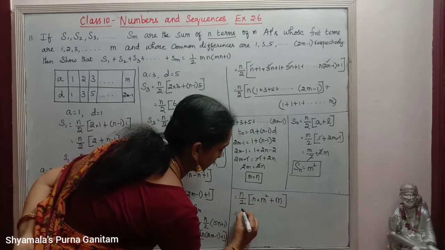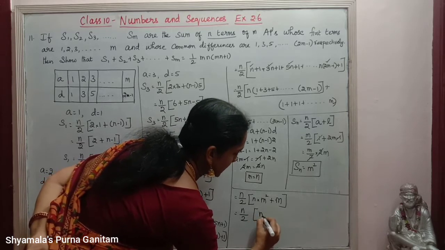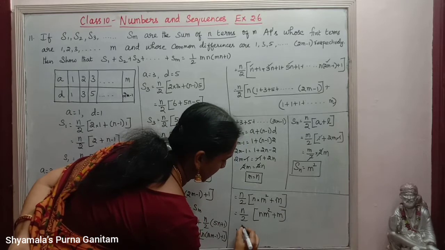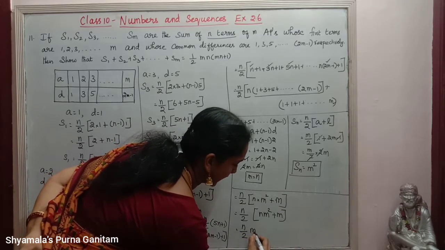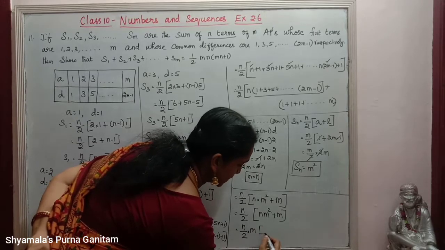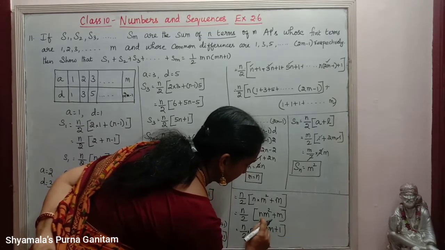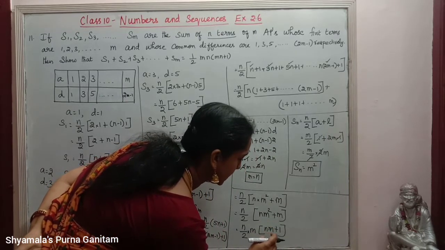So this is equal to n by 2 into m squared plus m. When we simplify this, n by 2, here m is common, so we take that m out. The balance will be nm plus 1.